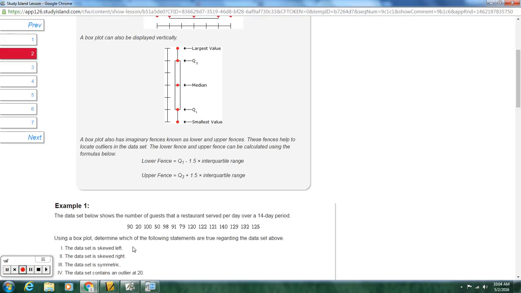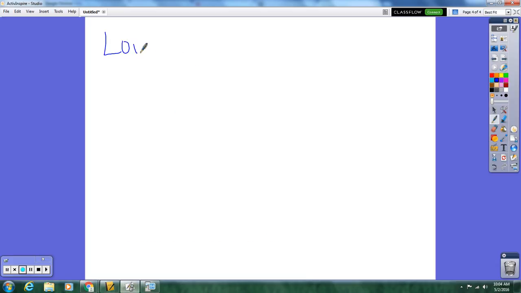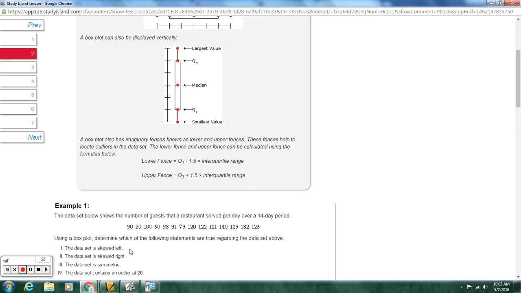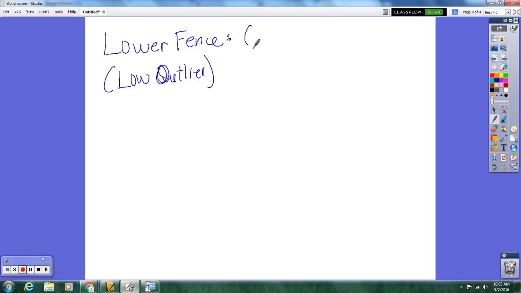So right here, I'm just going to write this a different way, and I'll just use lower fence since they used that before. So the lower fence, so we're finding the low outlier, basically that's an O, not a Q, outlier, is Q1, whatever that number is, minus 1.5 times the IQR, which is the interquartile range.